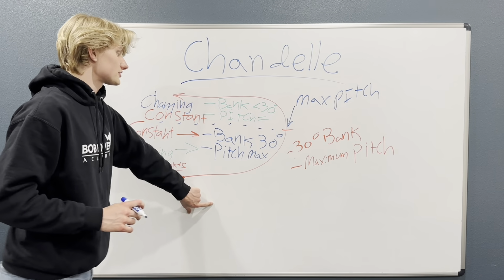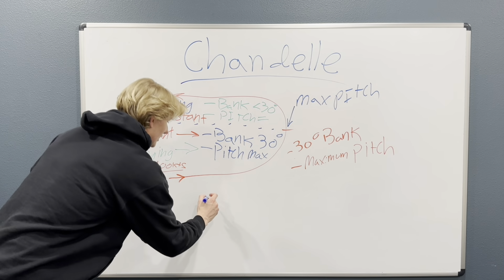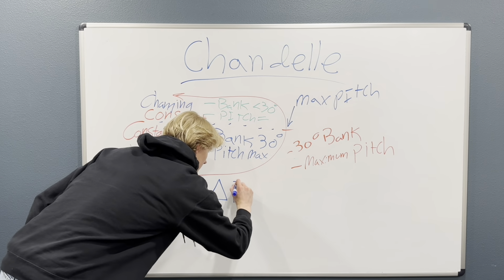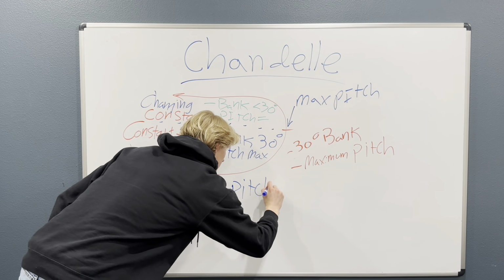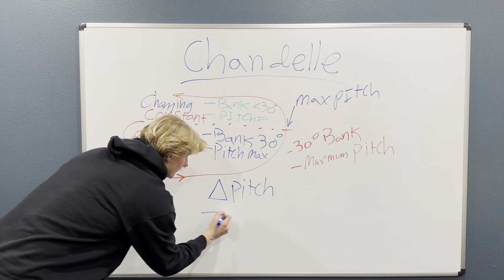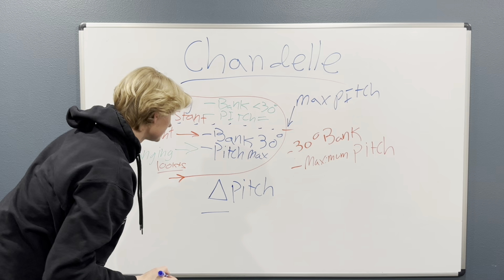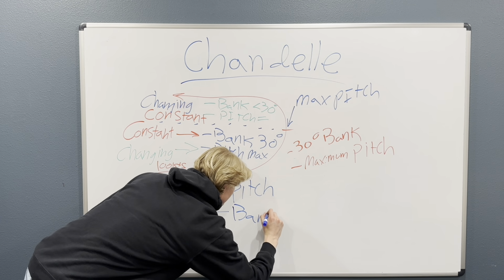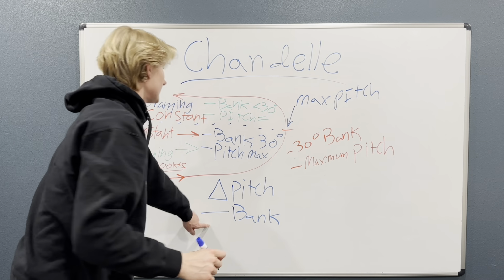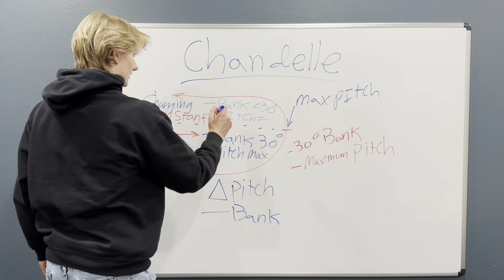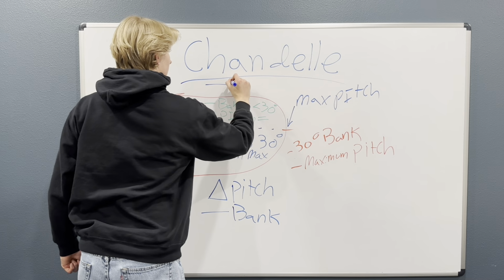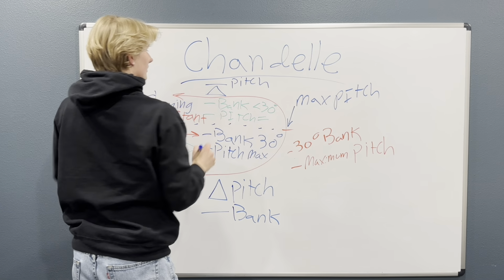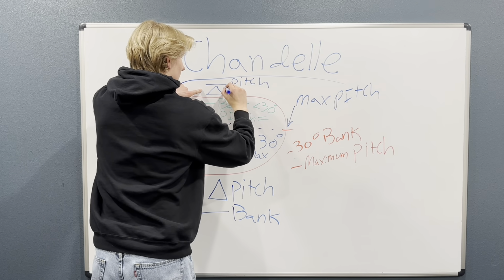Okay, so for the first half, we're going to be changing, so delta, changing our pitch, but that line means constant. Our bank is going to be constant. All right, now here we're going to have constant pitch, and we're going to have the triangle for changing bank.